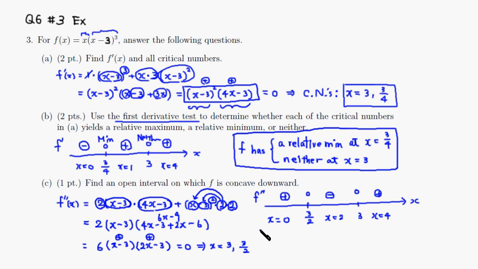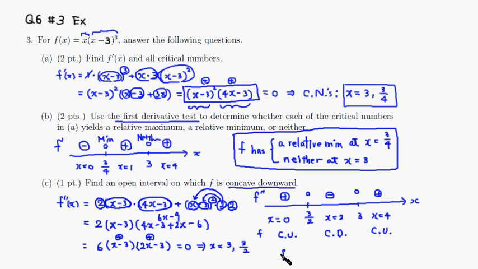So original function, right, second derivative positive means that that's going to be concave upward here. This means that it's concave downward, and second derivative positive, concave upward. So to answer the question, we're looking for the open interval where it's concave downward. So we're looking at the interval from 3/2 to 3, right?